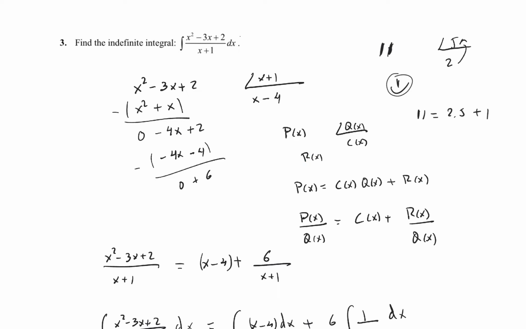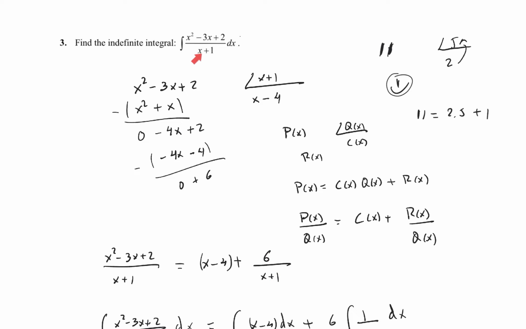So p of x divided by q of x is c of x plus r of x, the remainder, divided by q of x. Okay, so if you do long division, that I hope you know how to do, the division of the two polynomials will be x minus 4 plus 6 divided by x plus 1.